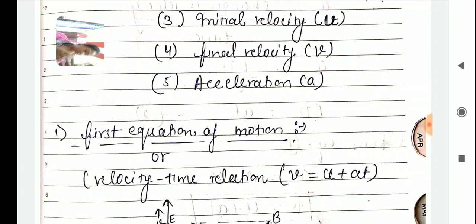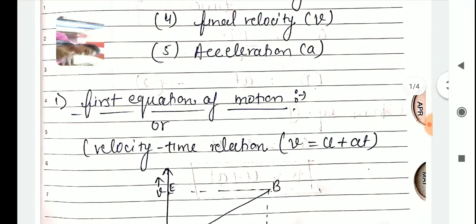To find out the relationship between these physical quantities, we basically have two methods. One is the simple analytic method and the second one is the graphical method. In class 9 we use the graphical method, so we will go through the graphical method to derive the relationship between these different quantities.